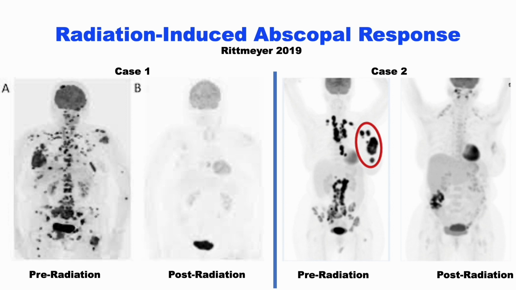Despite its rarity, the strongest evidence demonstrating the possibility of an abscopal response in humans is the immune-mediated regression of cancer metastasis that follows radiation therapy of the primary cancer. Here are two examples of radiation-induced abscopal response that have been published in the literature.